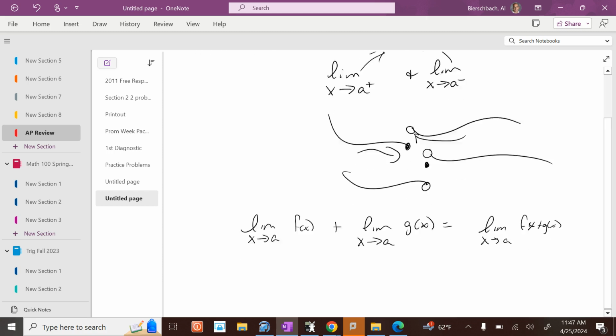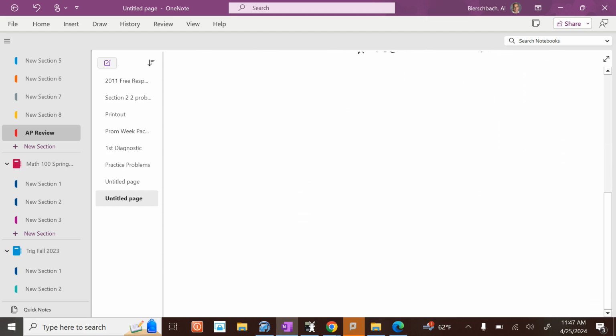Some things that we might have forgotten: if you have a limit as x approaches a certain number, let's just call it c, and it equals infinity, what is occurring at c? C would be a what?